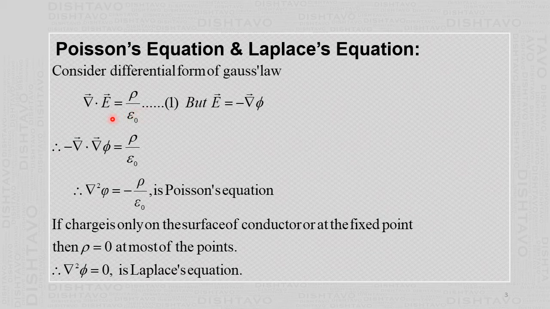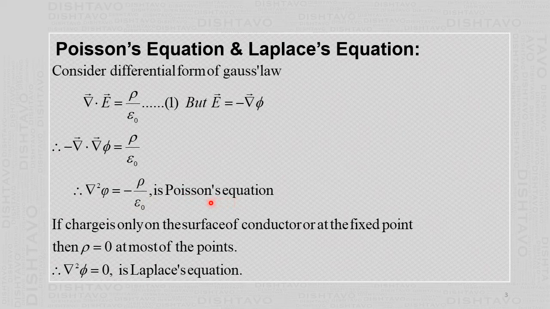On the left hand side, what we get is minus del dot del phi, that is minus divergence of gradient of phi, which is the potential, and that is equal to rho by epsilon 0. Then we take the minus sign to the other side, and del dot del is del square, so that is del square phi equal to minus rho by epsilon 0. This equation is called Poisson's equation.